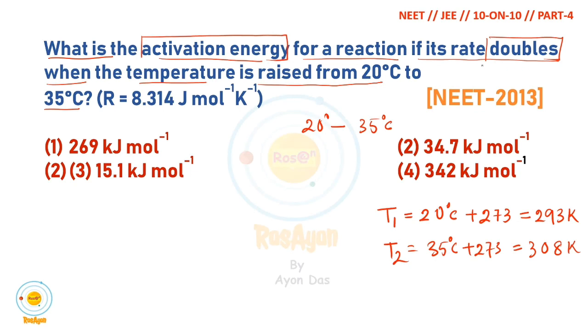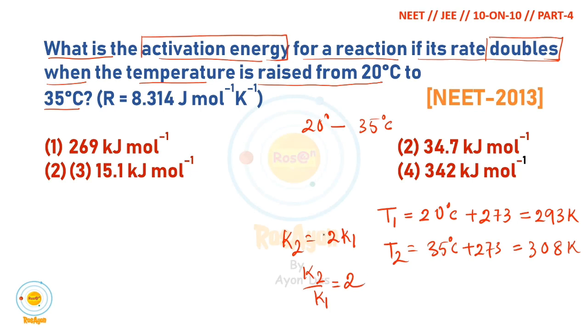Now the rate of the reaction becomes double. That means K2 equals 2 K1. So K2 divided by K1 equals 2.